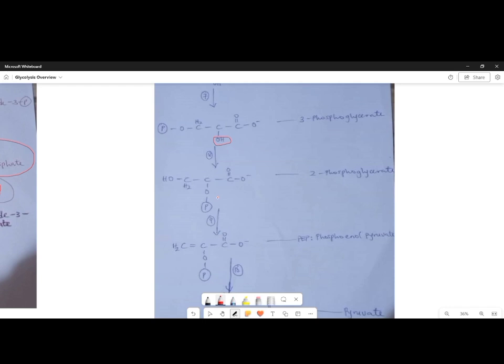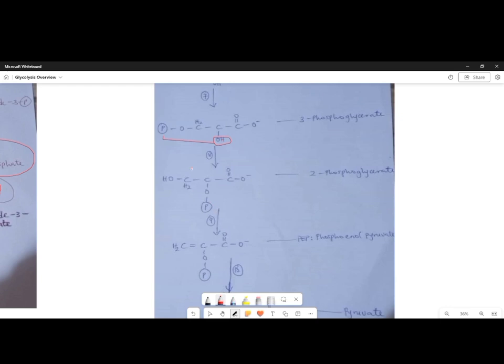So this OH group moves here, while the phosphate group moves to the OH group.